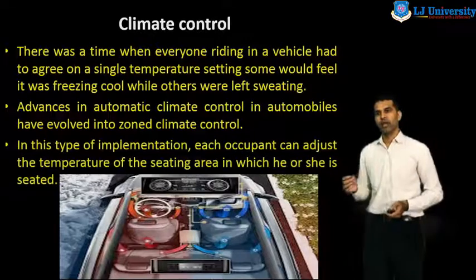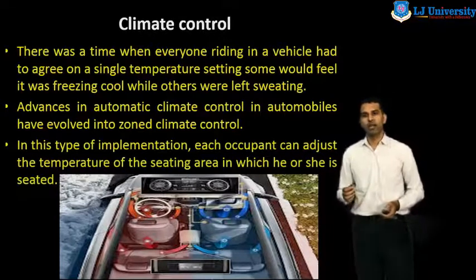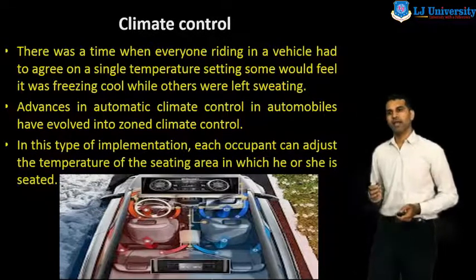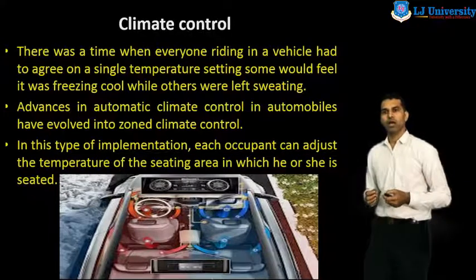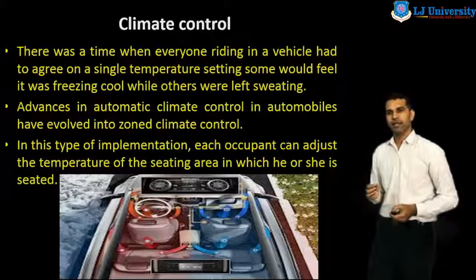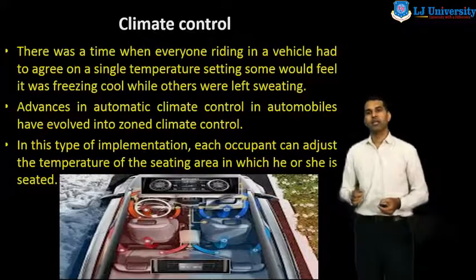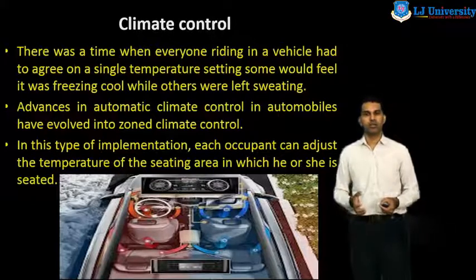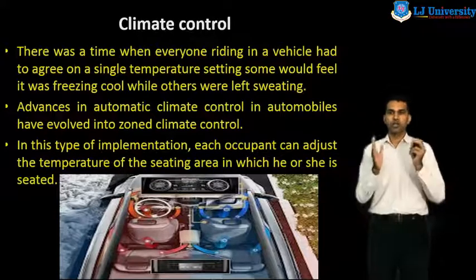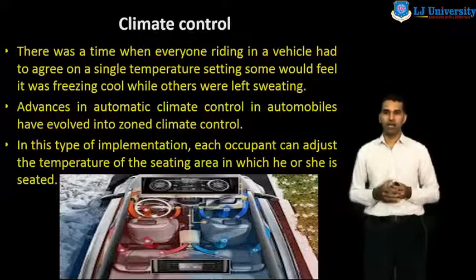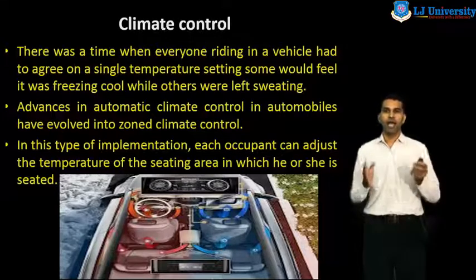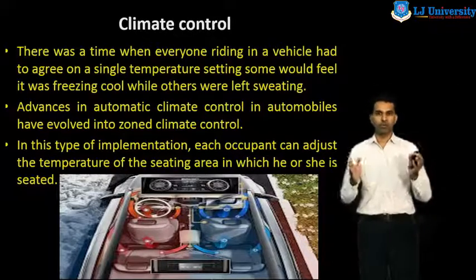In this type of implementation, each occupant can adjust the temperature of the sitting area in which they sit. By using this feature, everyone can control the temperature of that particular zone.